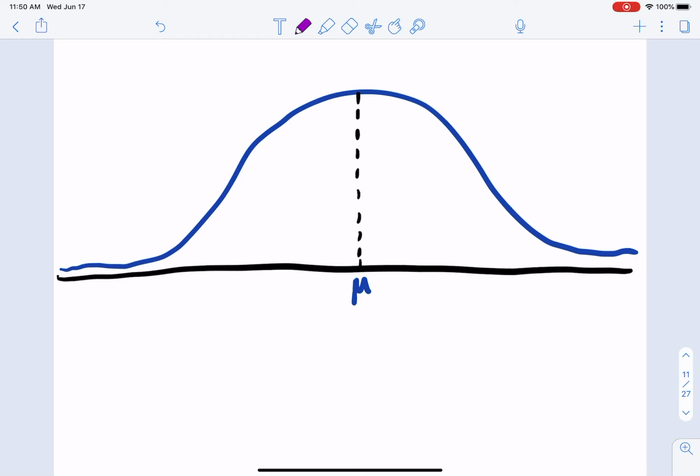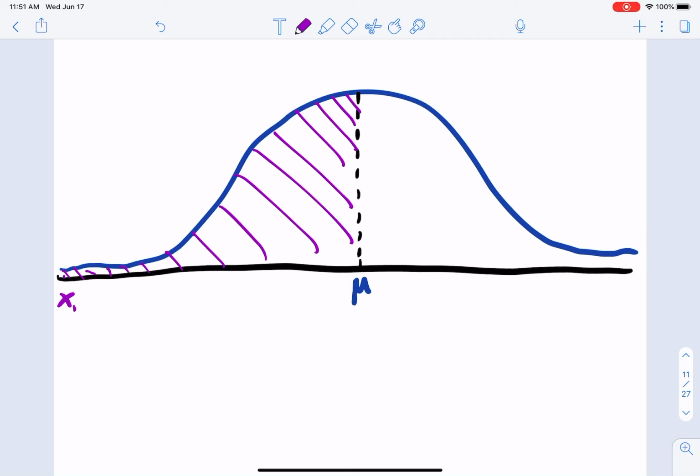So then we'll go back to the question, what's the probability of me grabbing mu and below, all the values below? Well, it turns out that if I were to find this area underneath the curve, it looks like this, right? Turns out that area, whatever that area equals, is our probability of selecting any value from way down here, so I'll just put an X, all the way up to our mu. That's the probability.